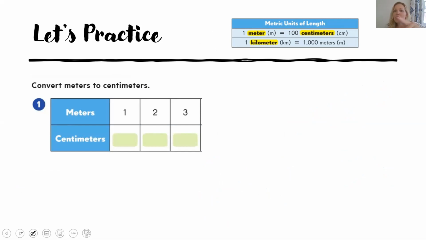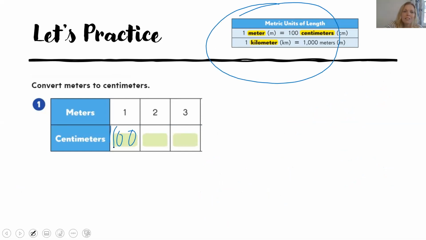I want to see that you can use the charts to solve. In this case, we know that 1 meter, looking at this chart here, is equal to 100 centimeters. Therefore, 2 meters should be equal to what? Well, you're just going to do 2 times 100, 200 centimeters. Guess what?